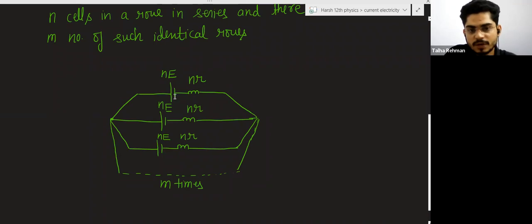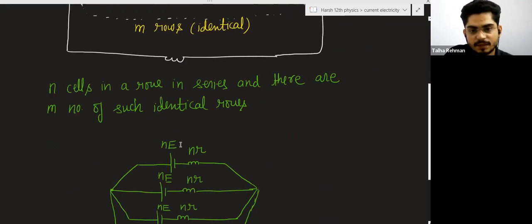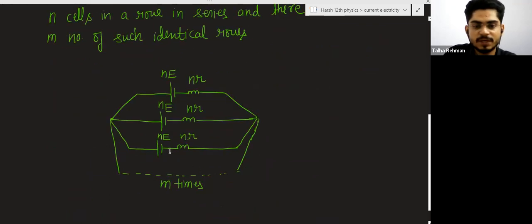So now we have calculated the equivalent of each row. Equivalent of the first row is this, equivalent of the second row is this, equivalent of the third row is this, and accordingly there are m number of rows.